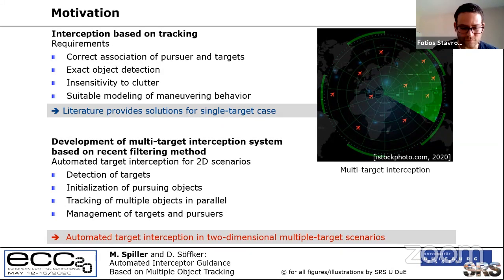In this work, I want to focus on multiple target interception, and therefore I want to propose a multiple target interception system. This consists of detection of the targets, automatic initialization of the pursuing objects, tracking of all moving objects in parallel, and management of the targets and pursuers.